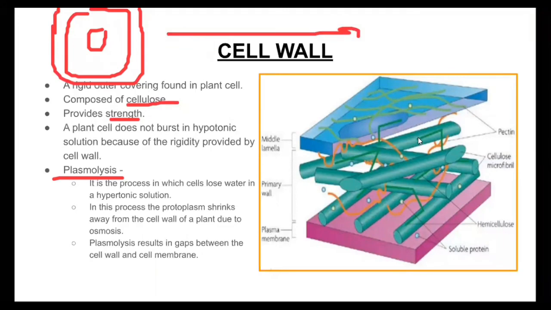The cell wall will remain as it is, but the cell will shrink with the cell membrane. Nucleus, cell membrane, all will shrink. And a gap will be produced between the cell membrane and the cell wall. So this process is called plasmolysis, which is seen in the plant cell.